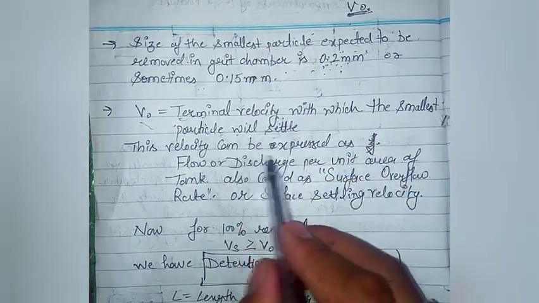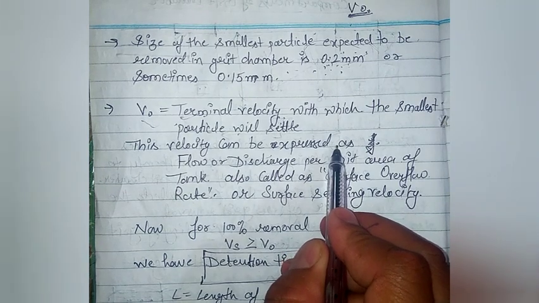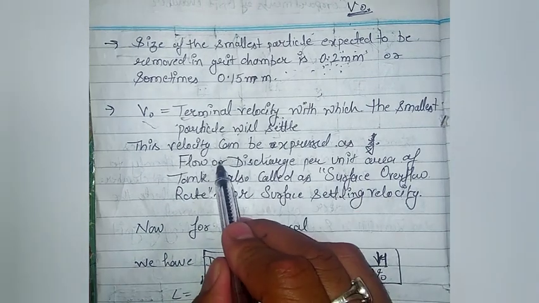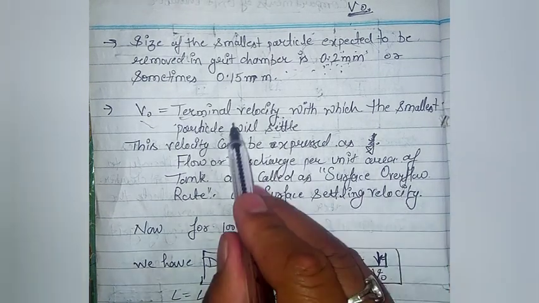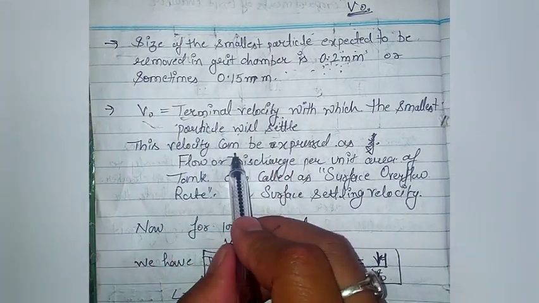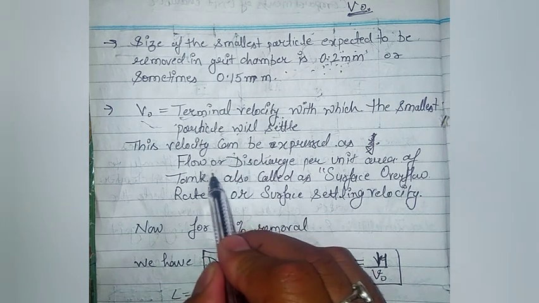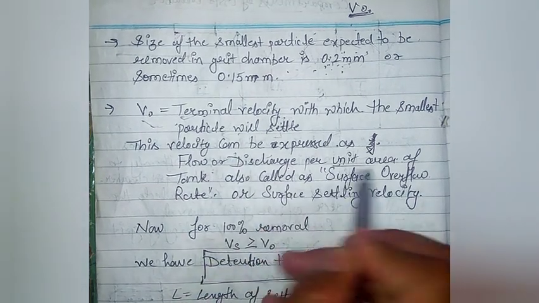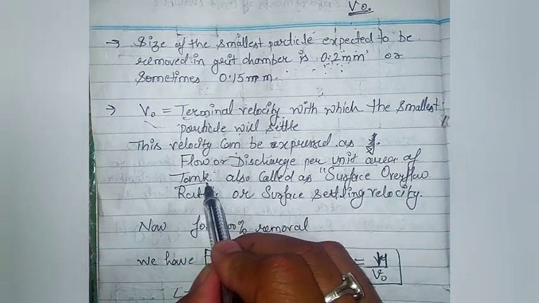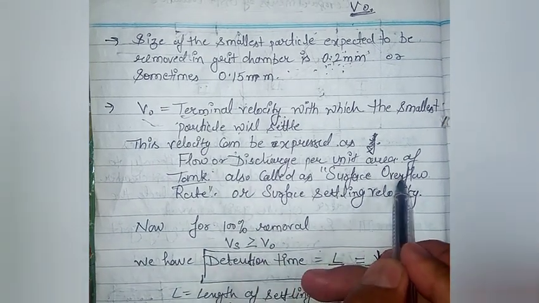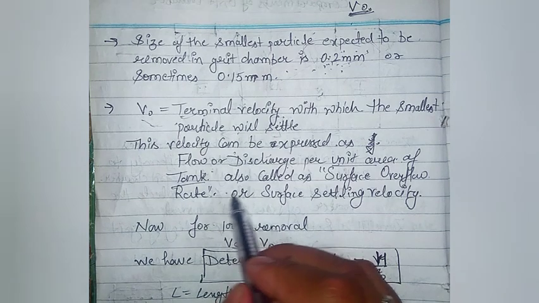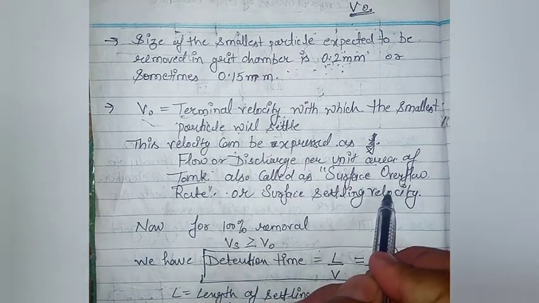So this velocity can be expressed as the flow or discharge per unit area of the tank. So this terminal velocity, V naught, is expressed as flow or discharge per unit surface area of the tank. It is also called the surface overflow rate, SOR, or surface settling velocity.